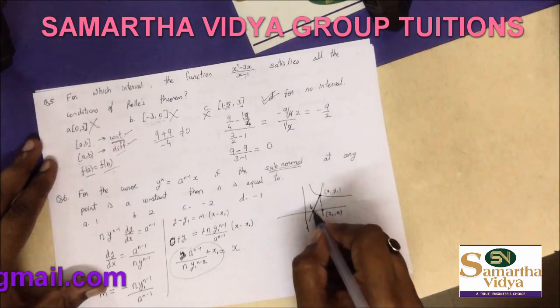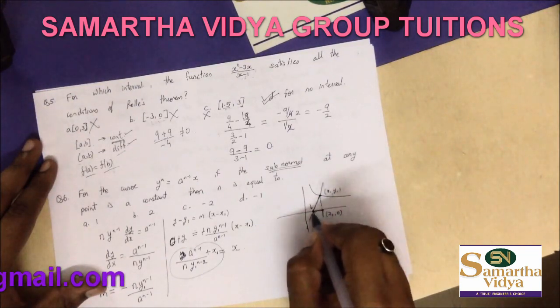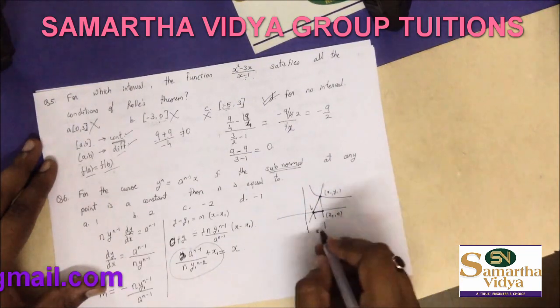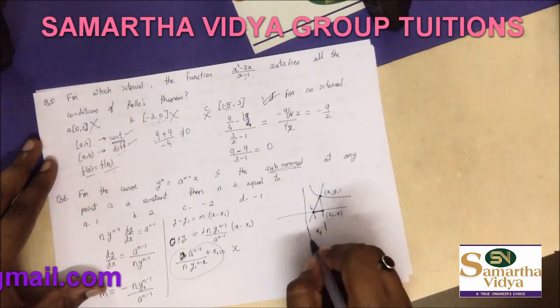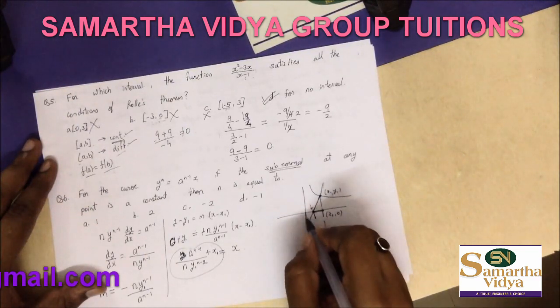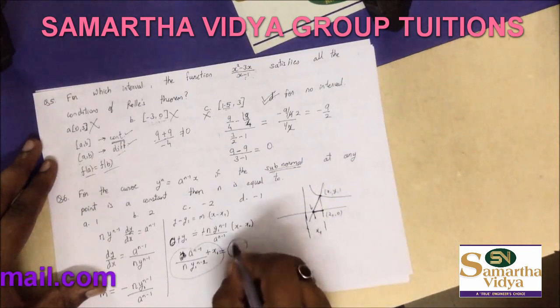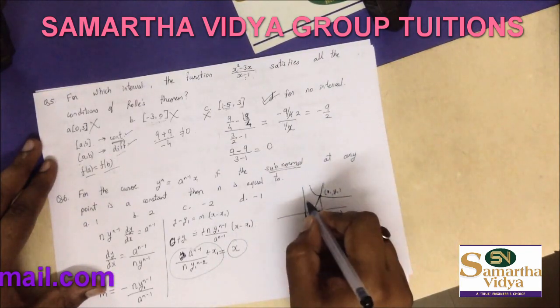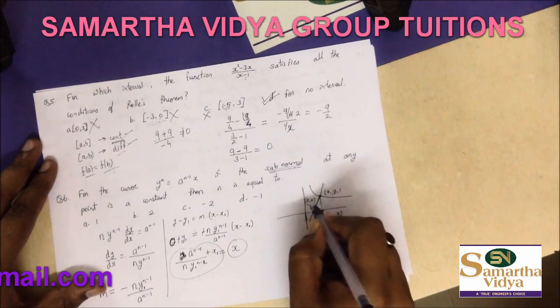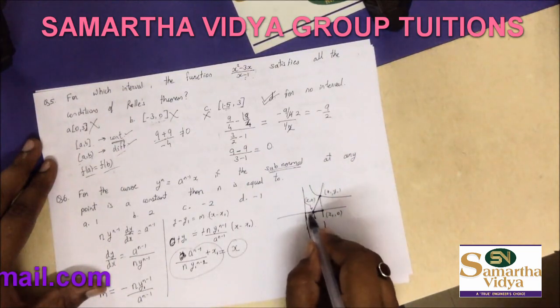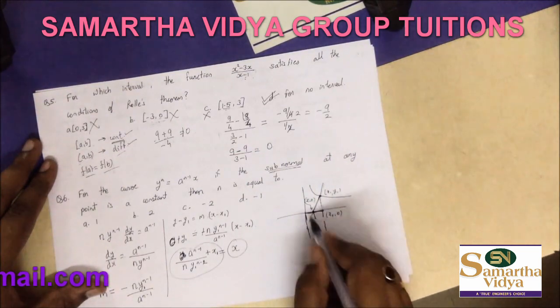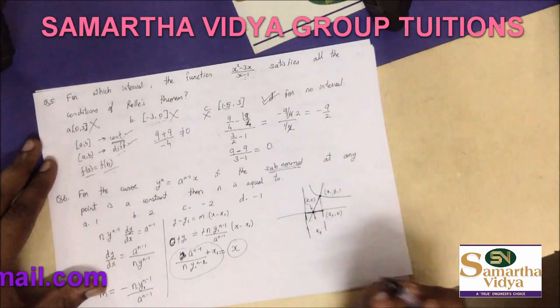Now I need to find the subnormal. The subnormal is the difference of this distance and this distance, because I have already found this point, which is of the form x comma 0. So I have found this distance. If I take the difference, I'll get the subnormal.